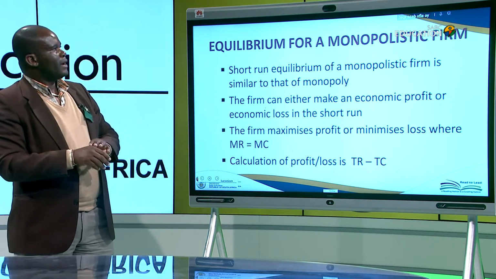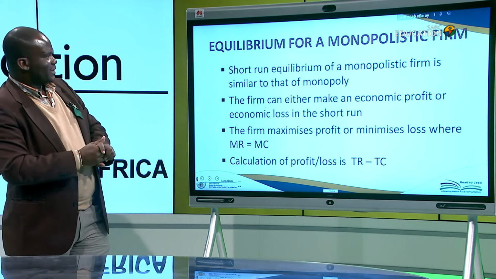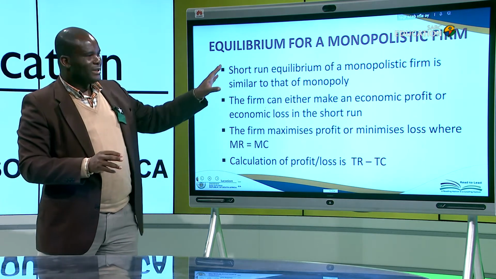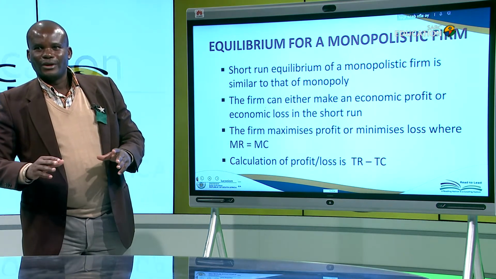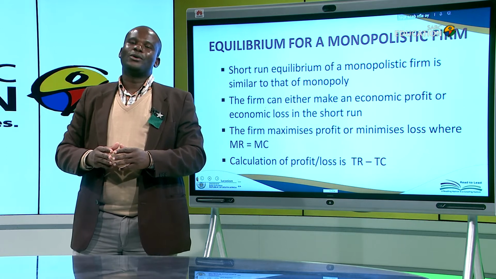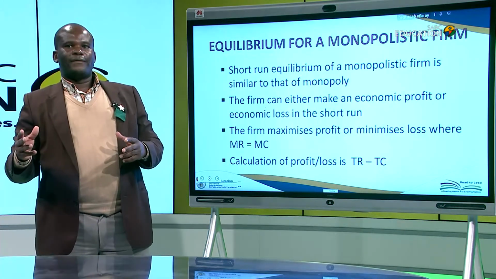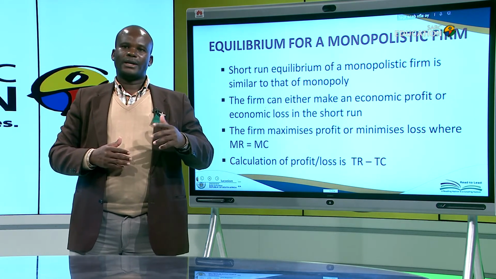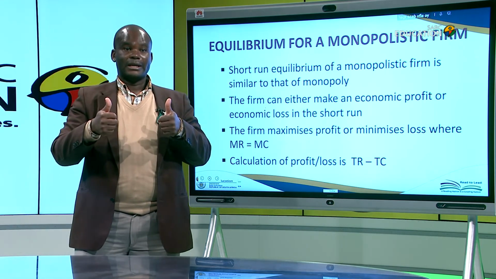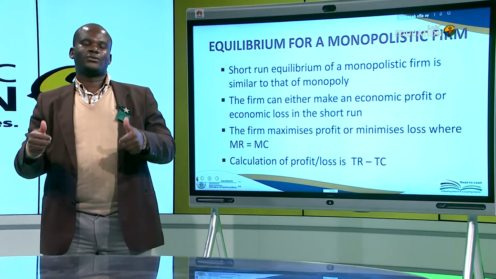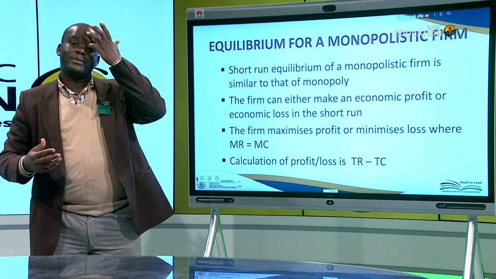Now, equilibrium for a monopolistic firm. We did equilibrium conditions for monopoly. We were specifically looking at when does a firm make a profit, when does a firm make a loss, what output or what quantity should the firm produce to maximize its what?